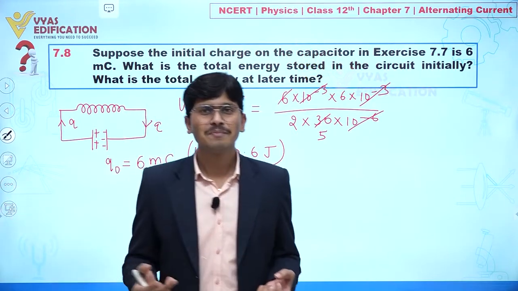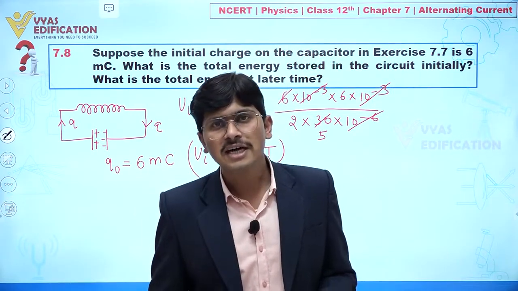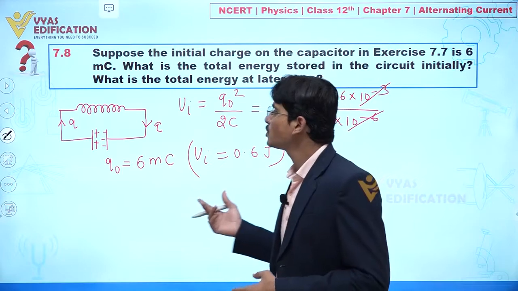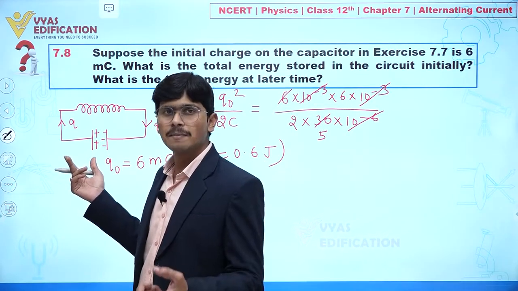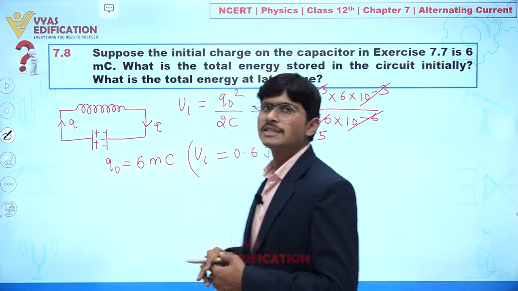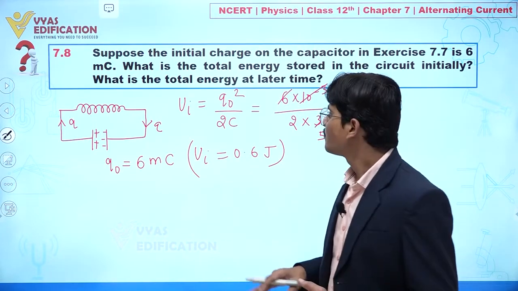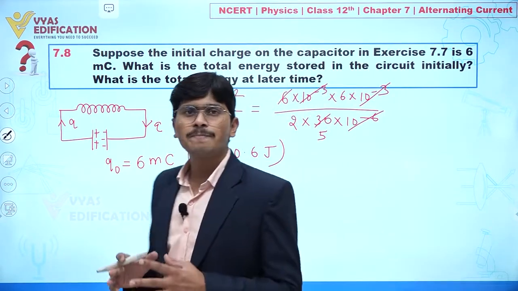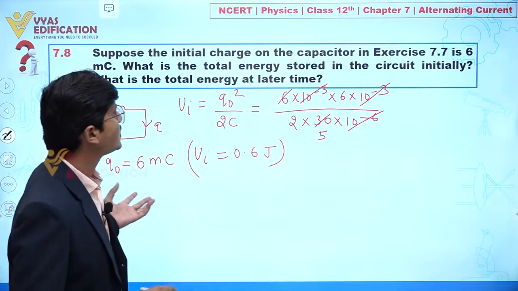That is 0, because the charge is not flowing. So when charge flows, let's suppose 0.3 joule of energy is in the capacitor, then 0.3 joule of energy is stored by the inductor. Clear? So like this, the total energy of this circuit always remains the same.